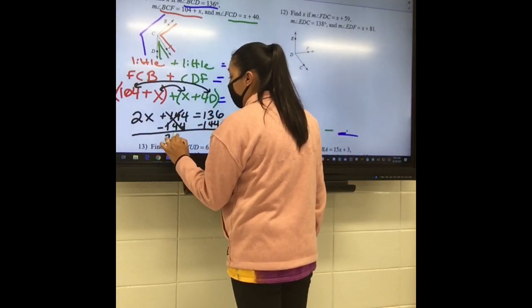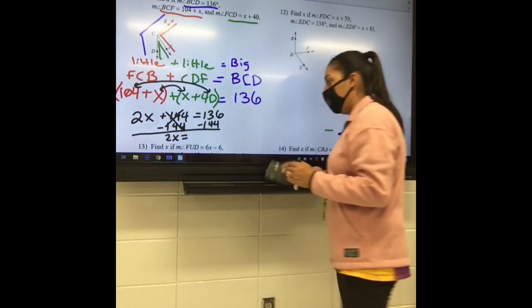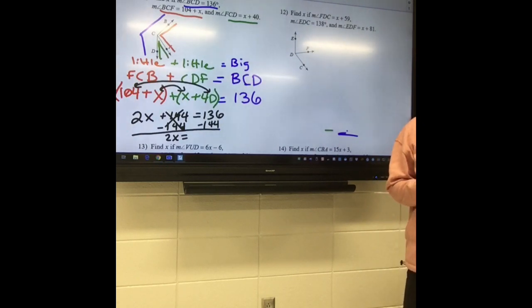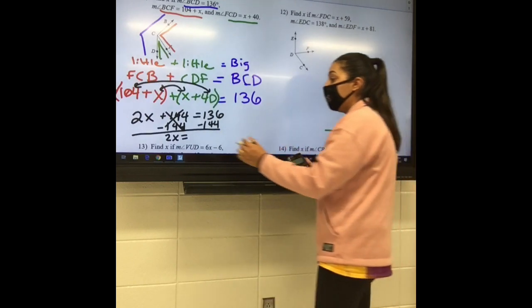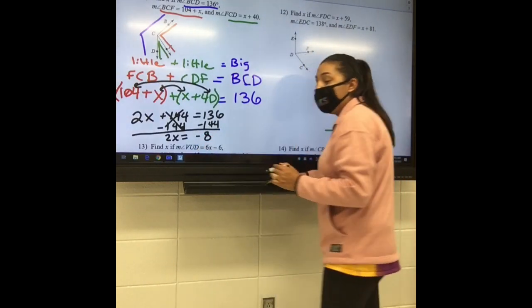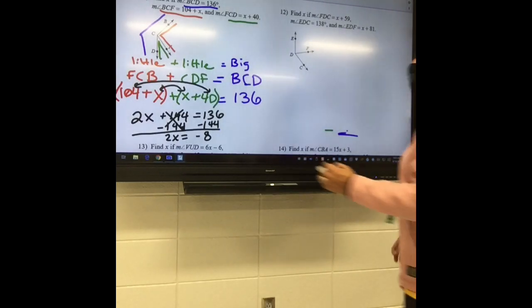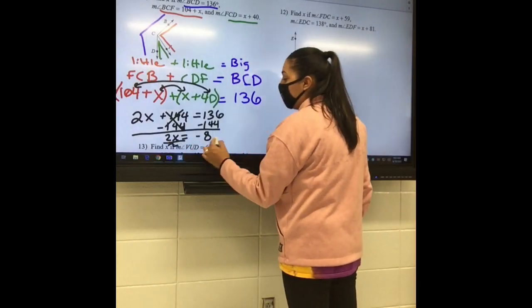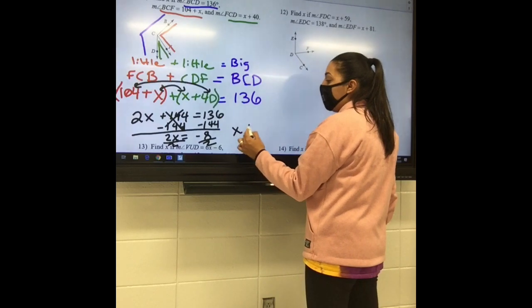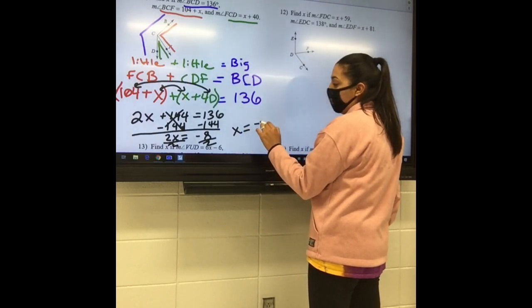So I have 2x equals 136 minus 144, which is -8. So I got 2x equals -8. What's my last step going to be? Division, so I'm going to divide by 2. So my x equals -4.